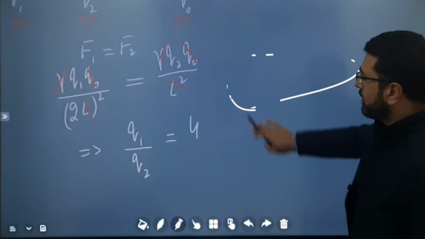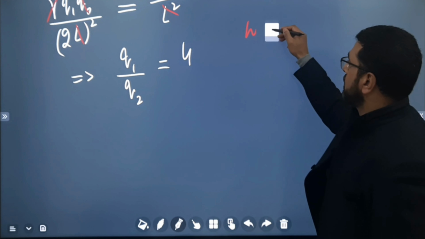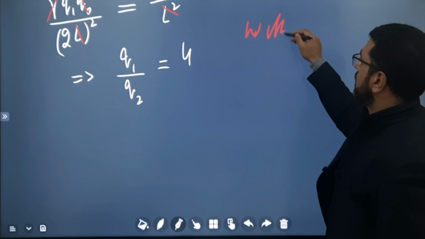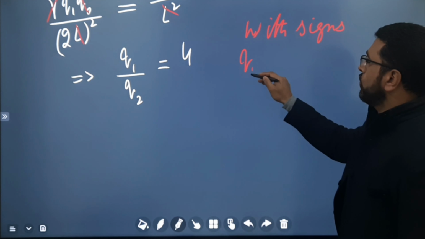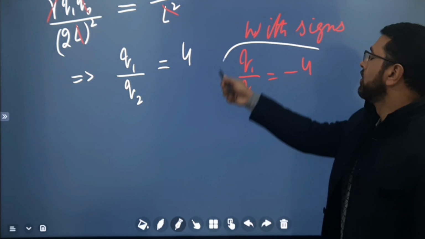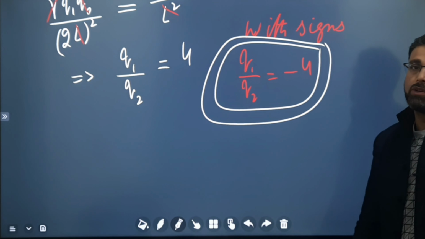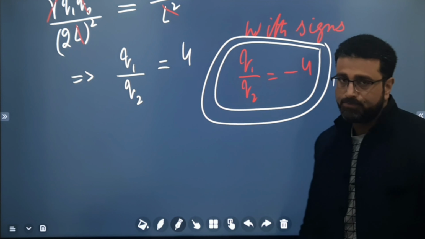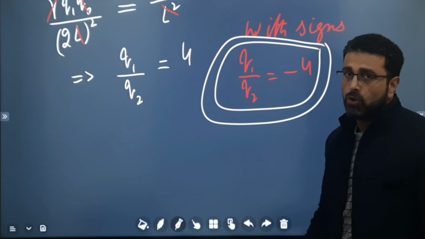So if we write the ratio along with the signs, Q1 by Q2 is equal to minus 4. Is that fine? So the ratio of the two charges has to be minus 4.